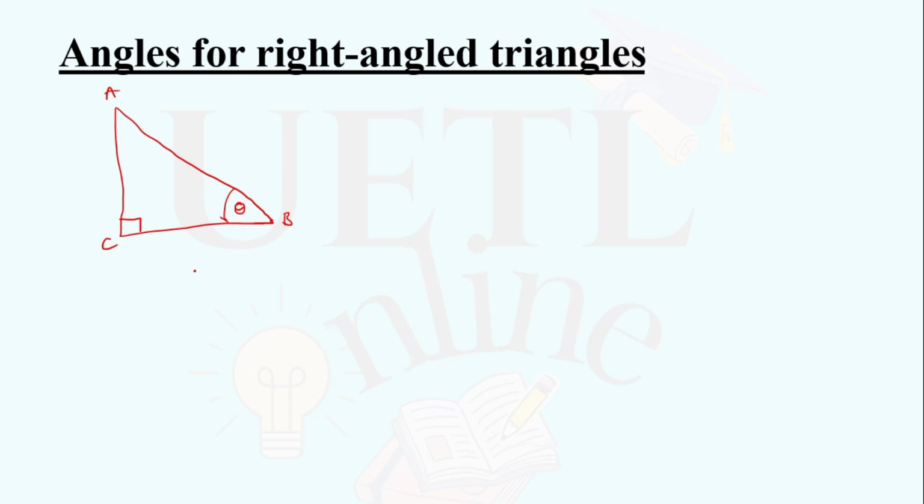When you put this angle on the bottom right side, you name your triangle so that this side becomes the adjacent, this one becomes the opposite, and this one becomes the hypotenuse. Make sure you remember to name these sides. They can be represented by A, O, and H.